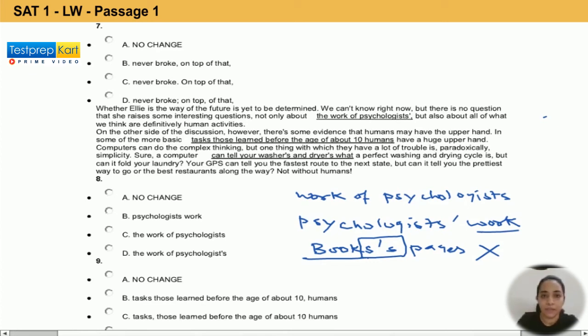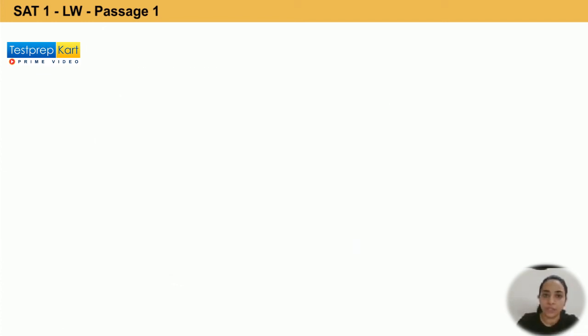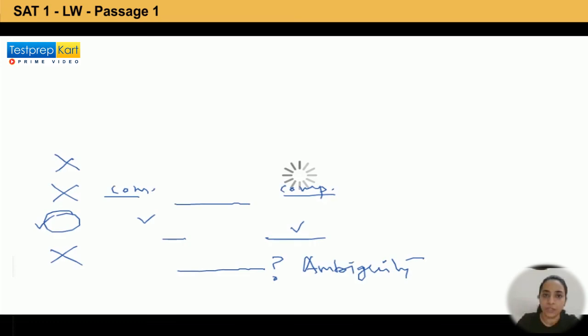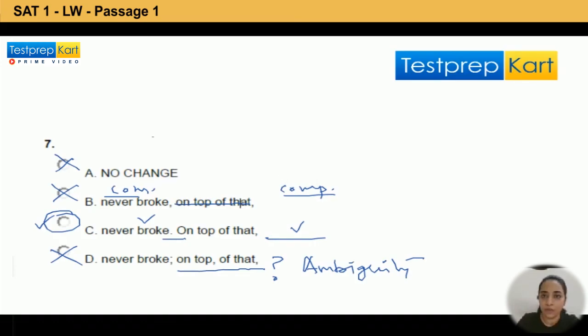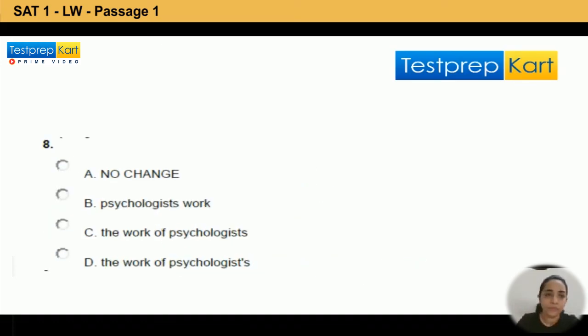Okay, so A goes out because it gives us an apostrophe here also. In other words, it shows possession here also, work of psychologists. So we know, okay, this belongs to them. It also adds an apostrophe, again showing possession. Such constructions are called redundant.